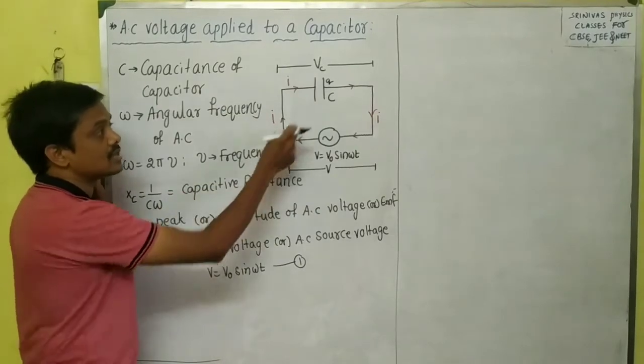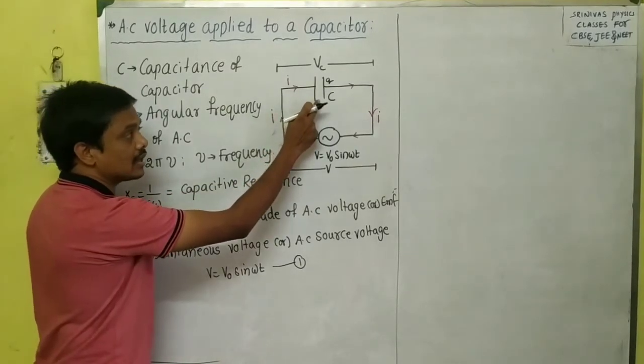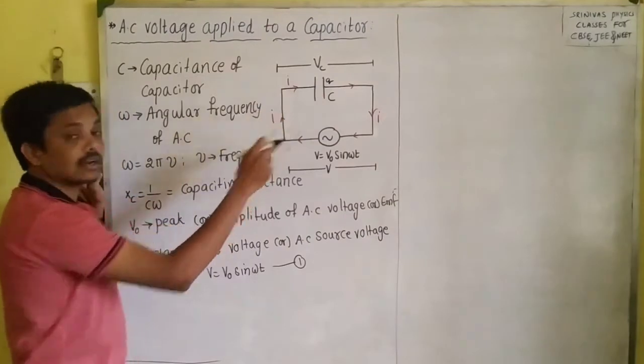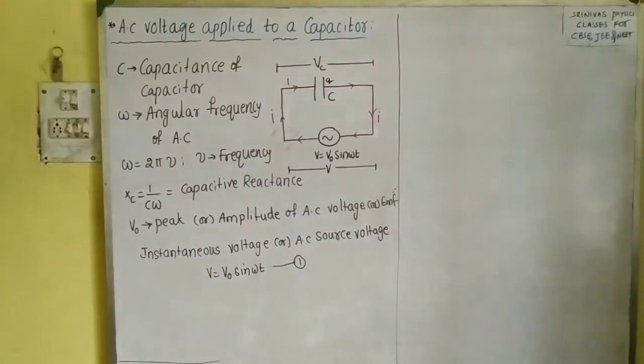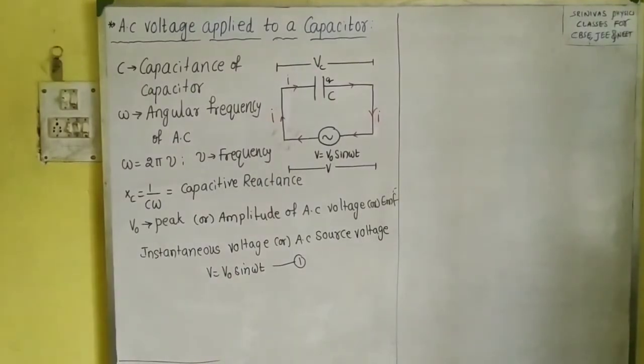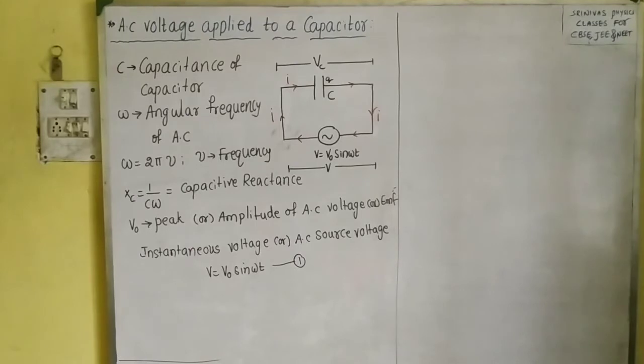For example, the current through the resistor is different, the current through the inductor is different, and the current through the capacitor is different. That means in different components different current passes, right? But the voltage source equation is the same in all.